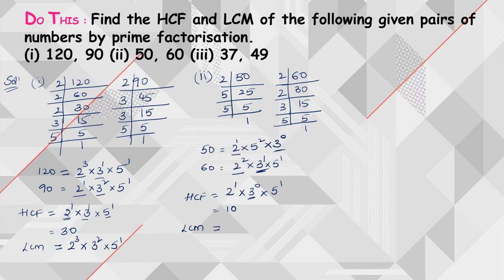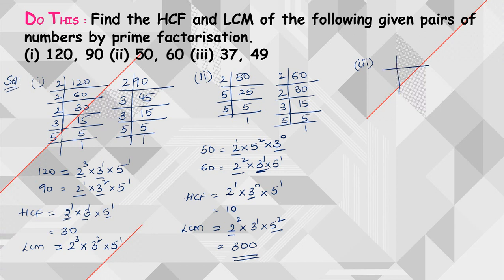LCM is nothing but writing down the highest prime factor powers. So 2 square into 3 power 1 into 5 square. So 2 square into 5 square, 2 fives are 10, 10 square is 100, so 100 threes are 300. So LCM is 300, right? So likewise you can easily solve these types of problems.